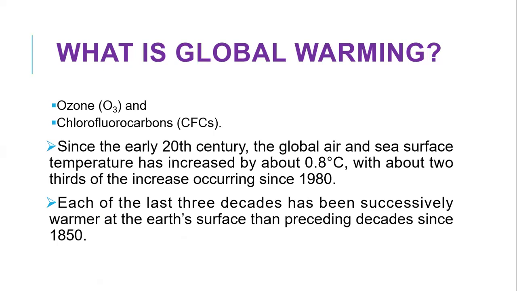Now, since the early 20th century, the global air and sea surface temperature has increased by about 0.8 degrees, with about two-thirds of the increase occurring since 1980. Each of the last 3 decades has been successively warmer at the Earth's surface than preceding decades since 1850.